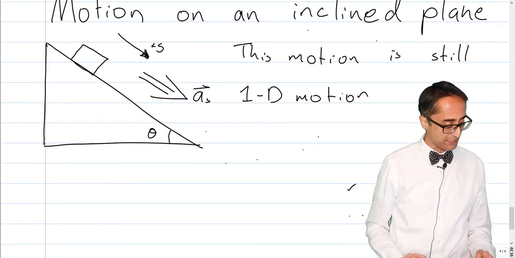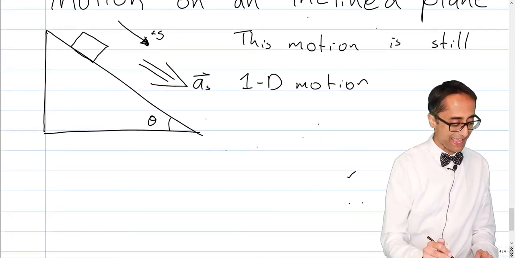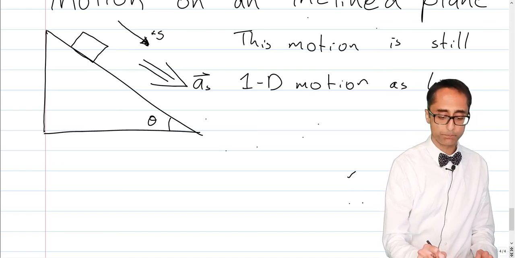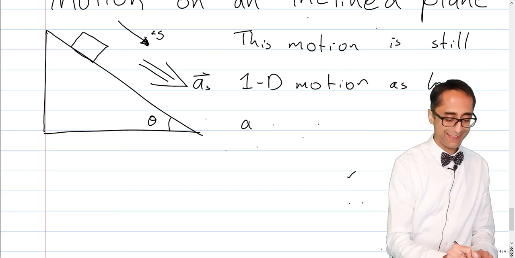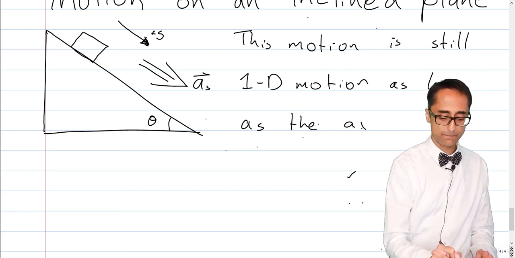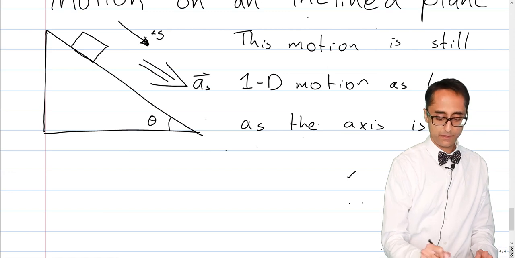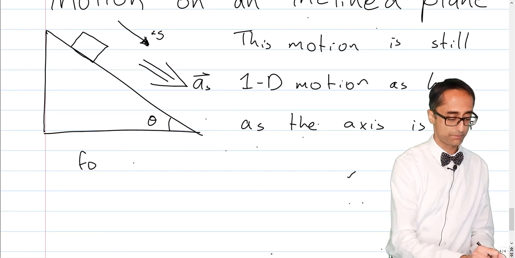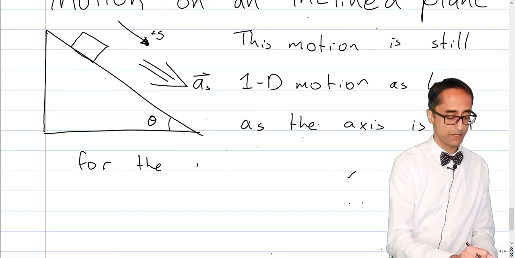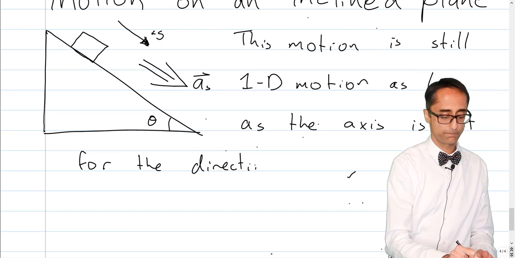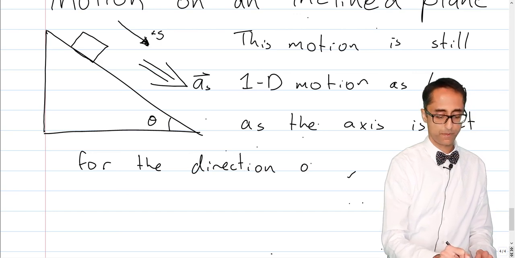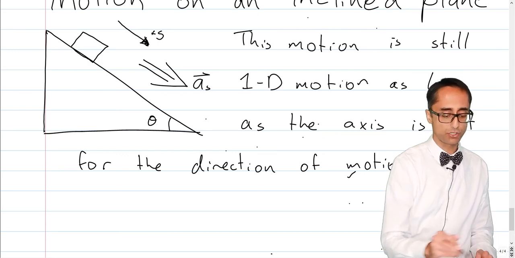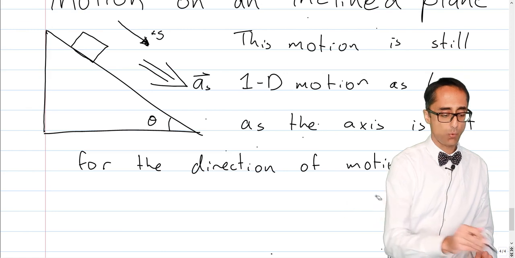So this motion is still one-dimensional motion, and as long as the axis is set for the direction of motion, we have one-dimensional motion. And so don't call it X, don't call it Y. When you're on an incline, S is good, R is good. Don't use D as well.